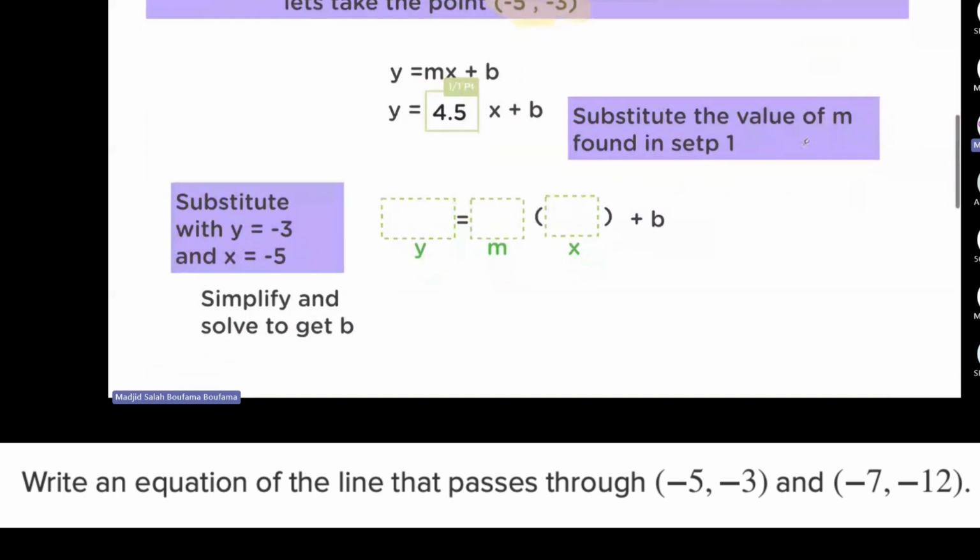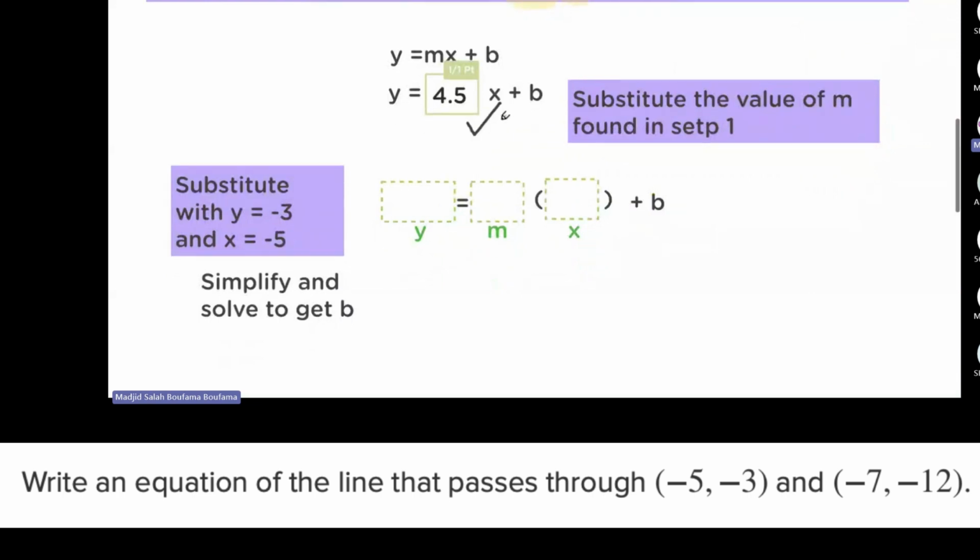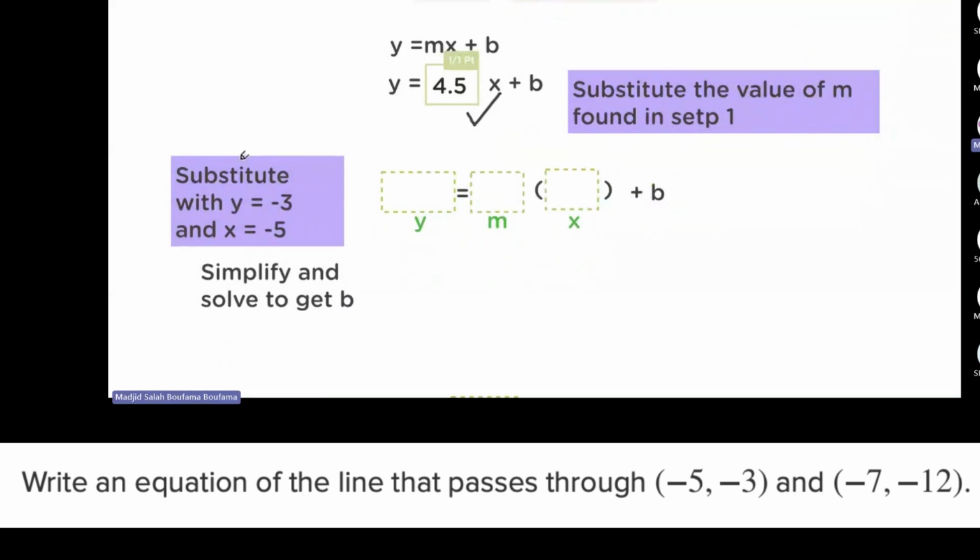So what you need to do, substitute the value of m. Now, substitute with the coordinates of the point, y negative 3 and x negative 5. Put your y here, your x here, your m here. I am guiding you.